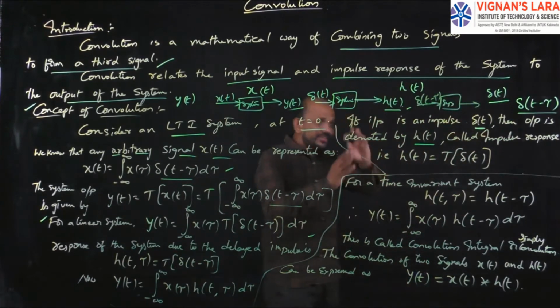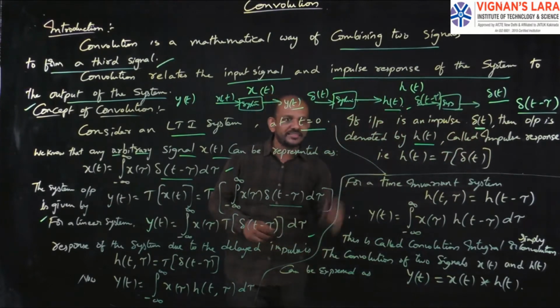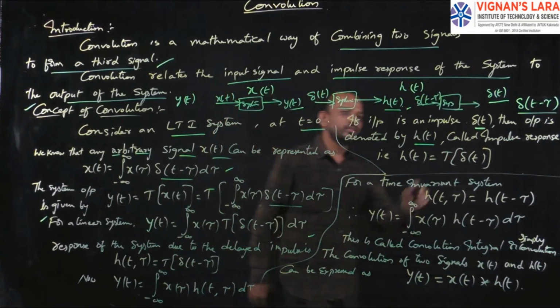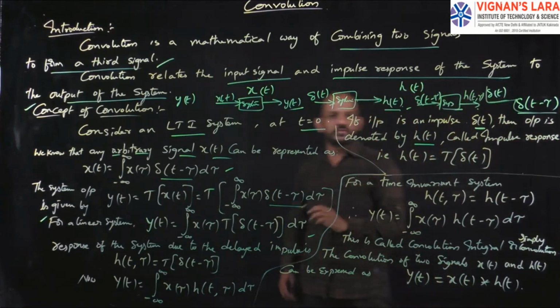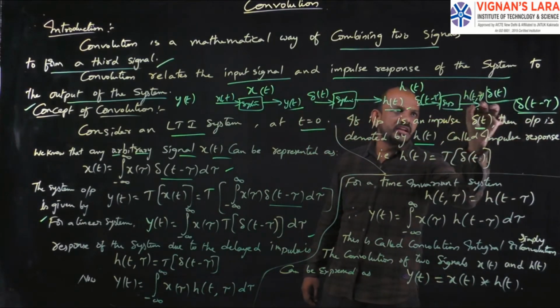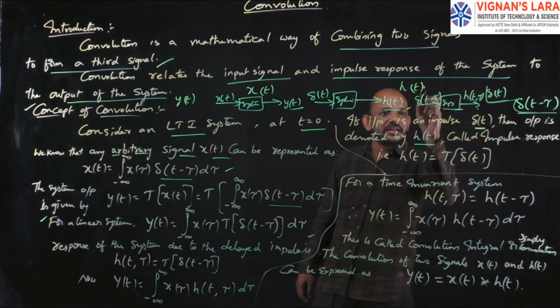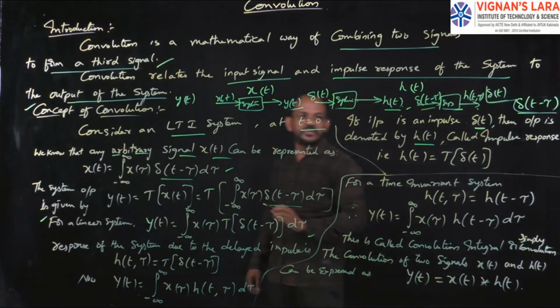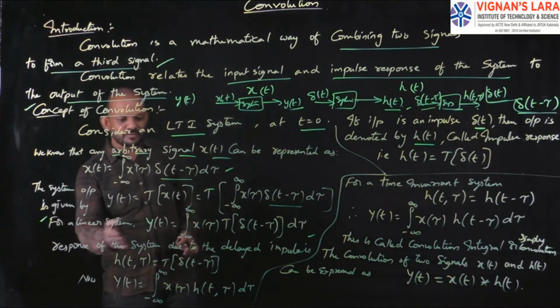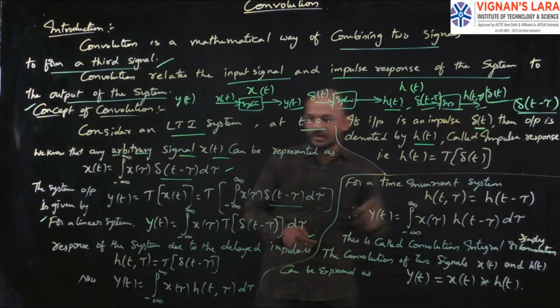Now for this type of system, the output it will generate is denoted as h of t comma tau. Where this h of t comma tau is the output of a system for which the input is the delayed impulse. So the response of the system due to the delayed impulse is taken as h of t comma tau.